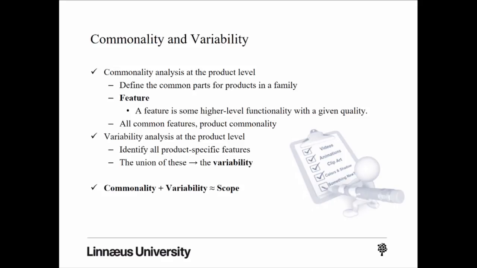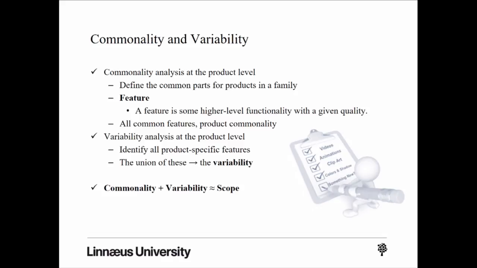And the reason we don't need the requirement level as much when we work with domain engineering is the fact that systems or our products share features, not the detailed requirements.